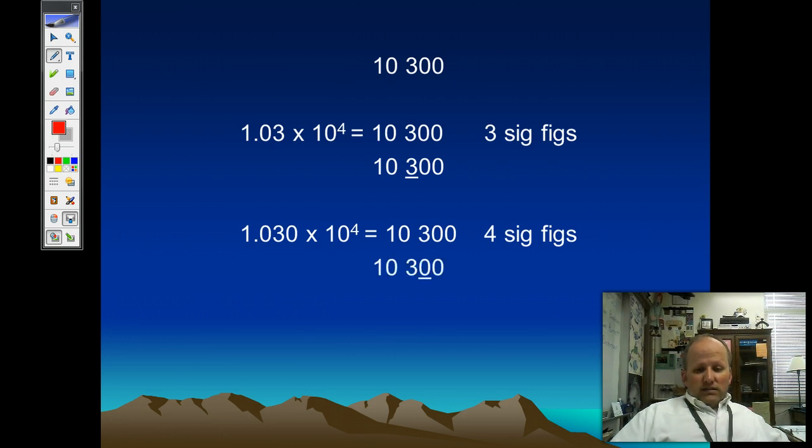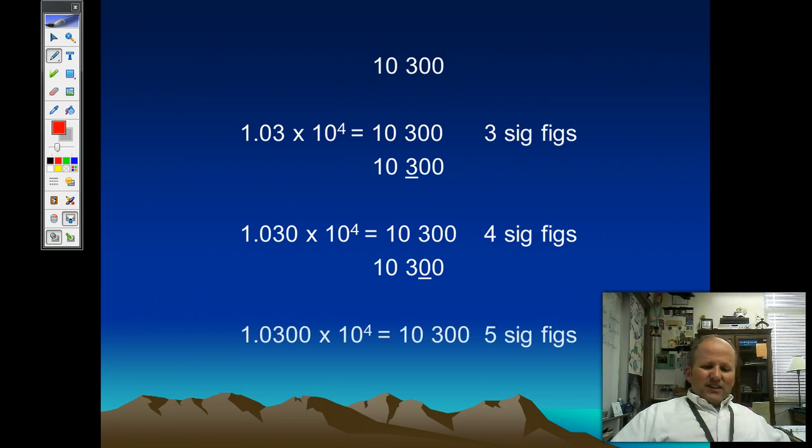Underline that 0, so everything in front of it is significant. Or if we want to show it with 5 sig figs, add another 0 there at the end because of rule 4, and it's still between 1 and 10. Underline that last 0, or put a decimal point at the end.